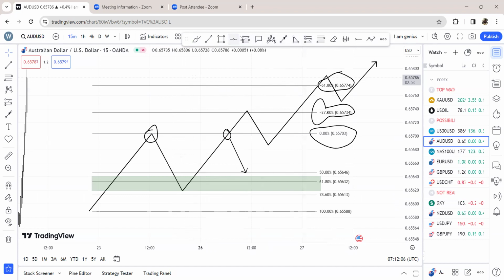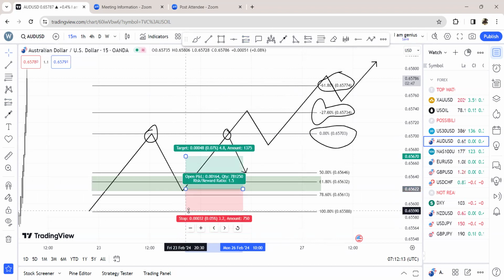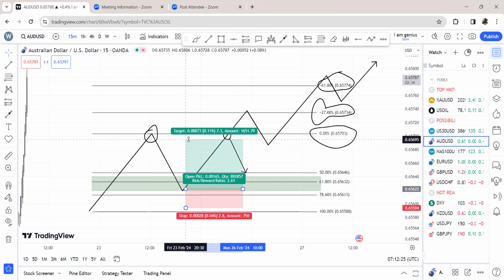So what I mean is, if I was to take this trade, let's say I've entered from there, I would definitely put my stop loss right there, just close to this 100% level. Then my first partial profit to be taken here.